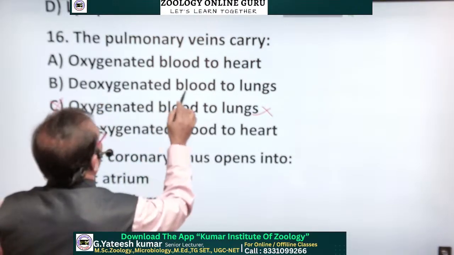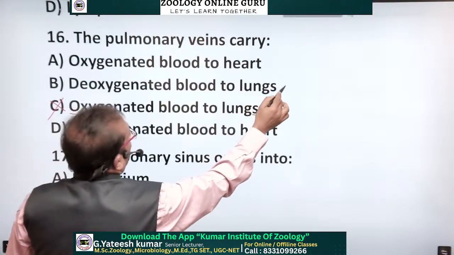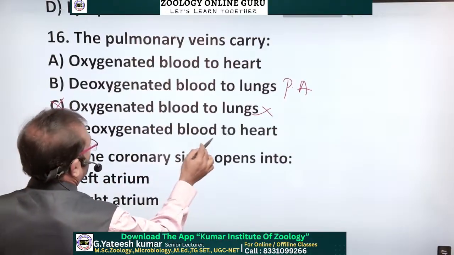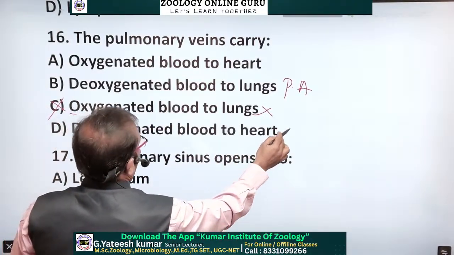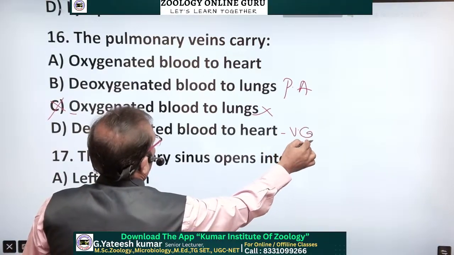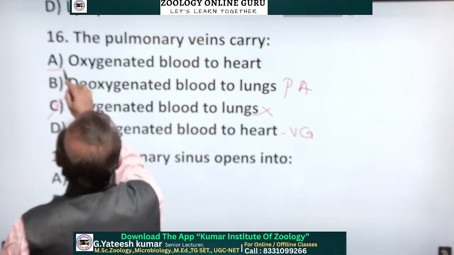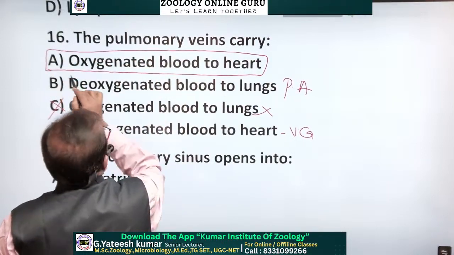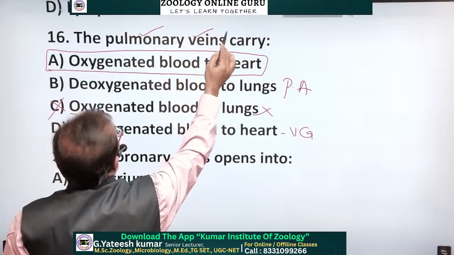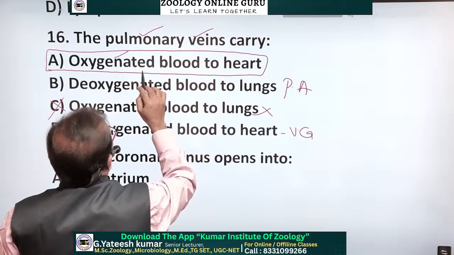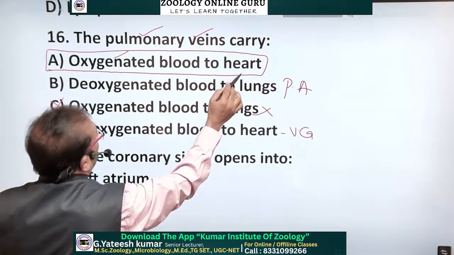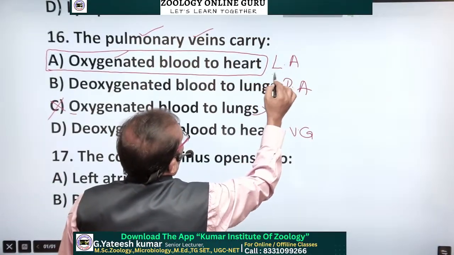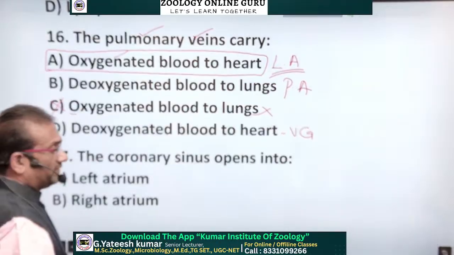Deoxygenated blood to the lungs, this is the pulmonary artery. And deoxygenated blood to the heart, this is the vena cava. So from the lungs, the pulmonary vein carries pure blood to the heart. In the heart, it comes to the left atrium.